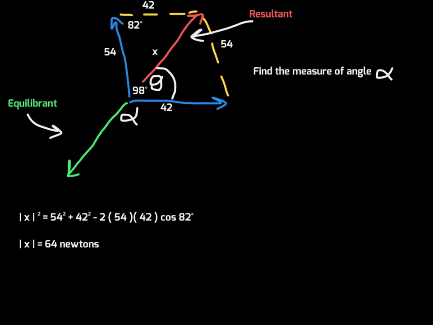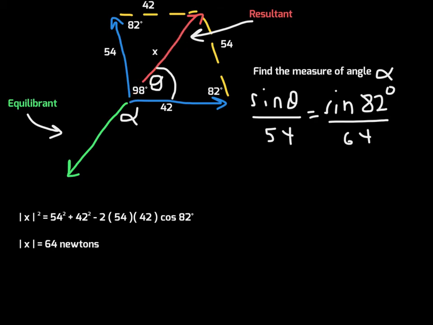So sine of theta over 54 must be the same as sine of 82 degrees over x. You see that? We found x to be 64 newtons. So let's set that up. Here I have it. Sine of theta is to 54 what sine of 82 degrees is to 64. We know this is 82 degrees because it's opposite 82 degrees. And we also know that this length is 64. We just found it using the law of cosines.